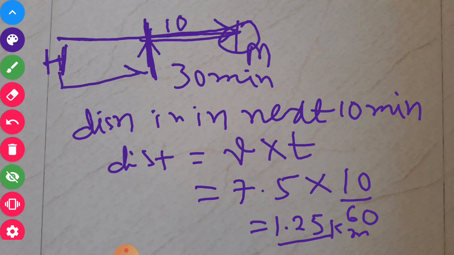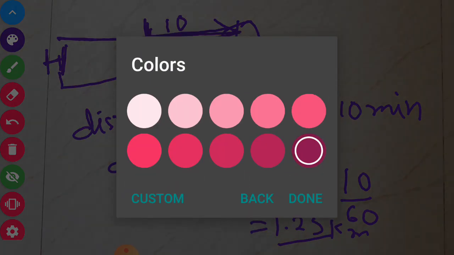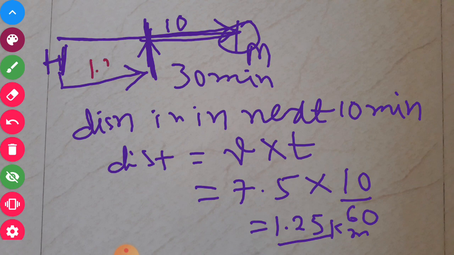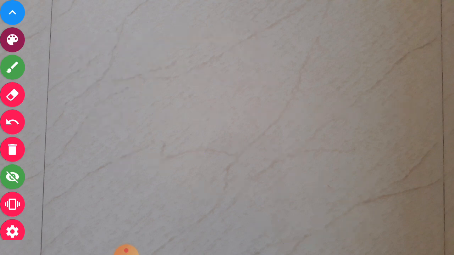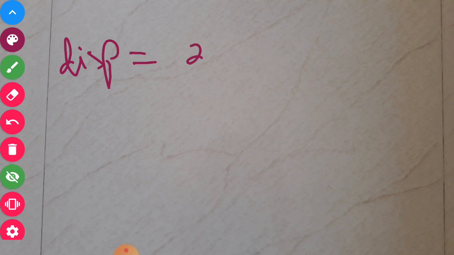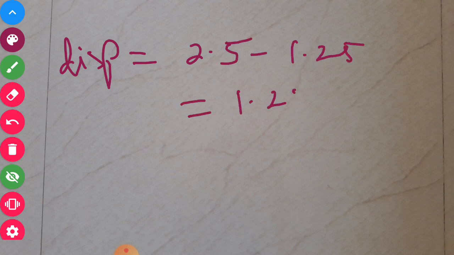He is just 1.25 kilometers from home. So displacement from home is 2.5 minus 1.25, so in this total 40 minutes his displacement becomes 1.25 kilometers.